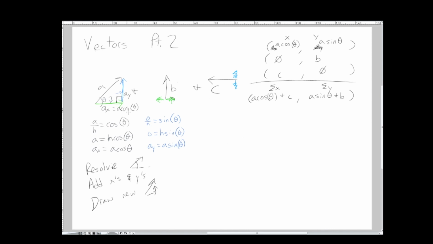Let's say I drew this properly, and A sub x is just a little bit longer than C. I get my resultant x.